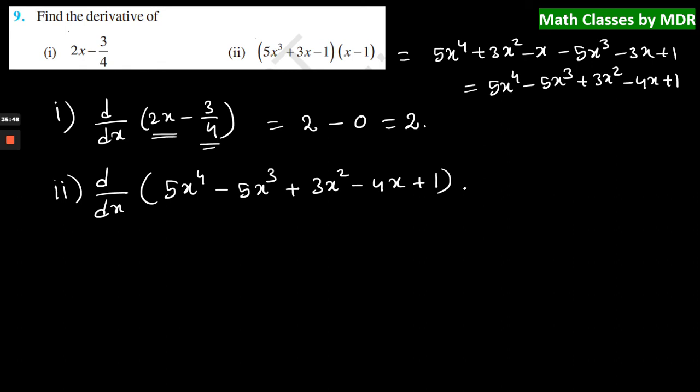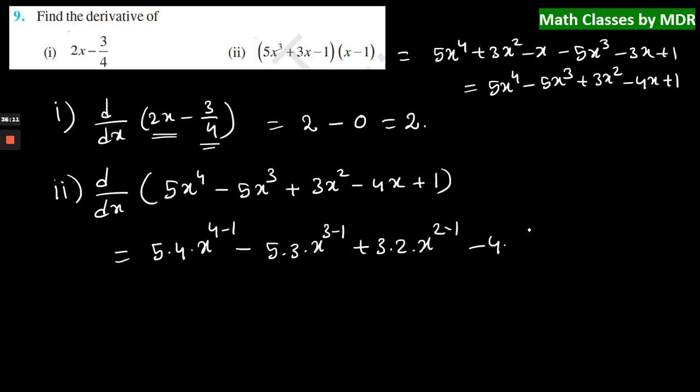Okay, so now it can be simplified as, so each term we can take it as 5 into 4 into x to the power 4 minus 1 is the first derivative. And then when you take the second term, 5 into 3 into x to the power 3 minus 1 is the second term. 3 into 2 into x to the power 2 minus 1 is the third term.